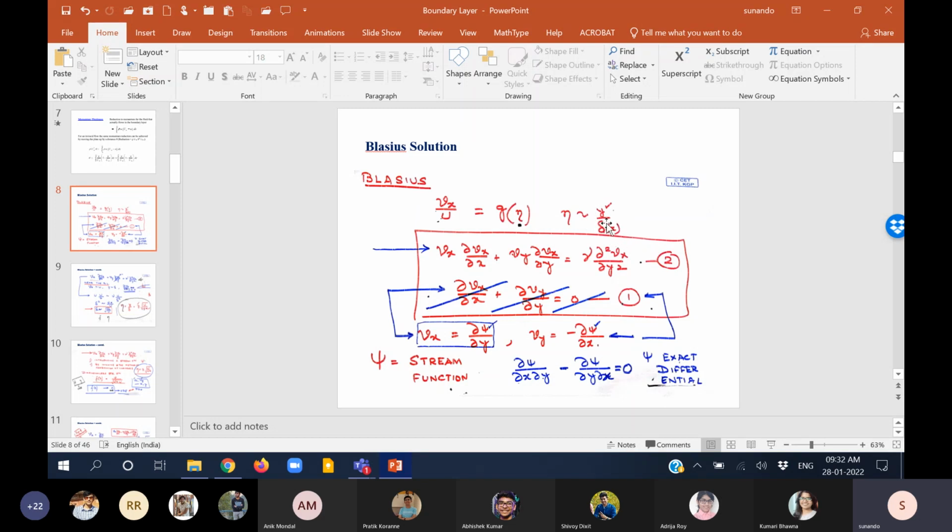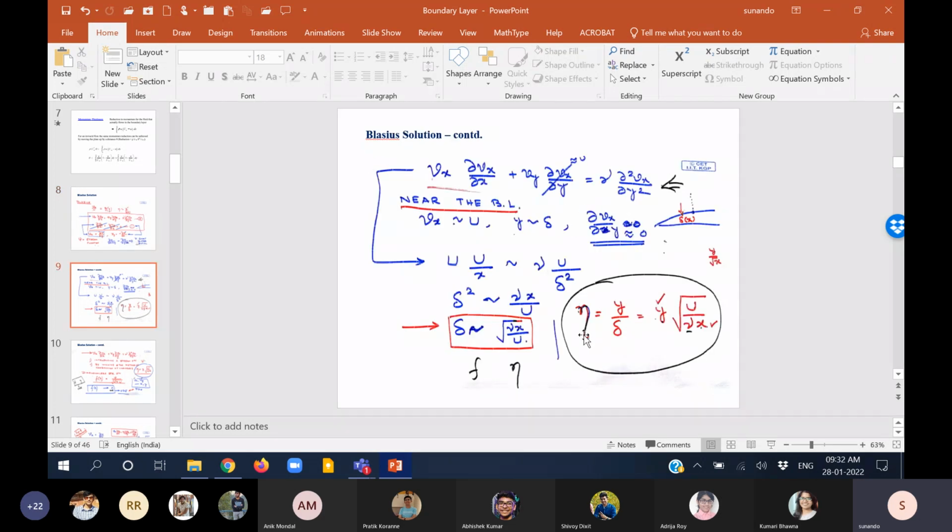If we could get an approximate relationship between delta and x, that should suffice to give me an expression for eta. Eta is y by delta, and when I substitute this form of delta, we would get this as my choice for the combination variable.